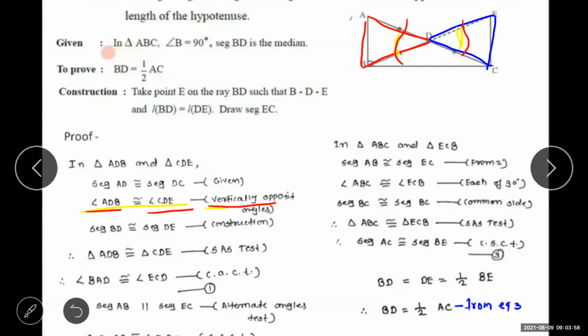Okay, that parallel lines. Now, segment BD is congruent to segment DE. Yes, why is it? Because we did the construction.